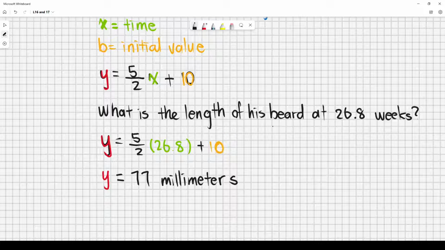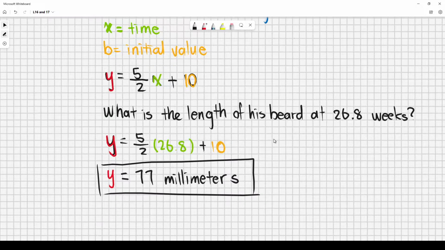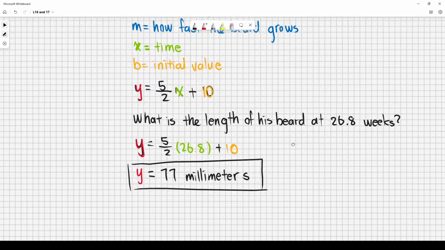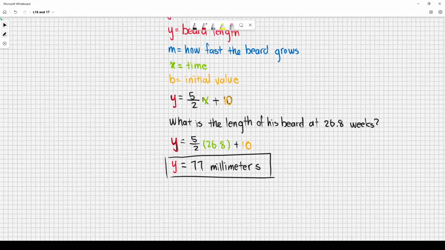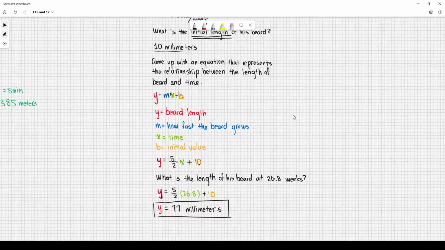So the length of his beard, simply plugging the numbers in, 26.8 weeks, and then add 10. So it comes out that it's 77 millimeters. So that's essentially all for one question.